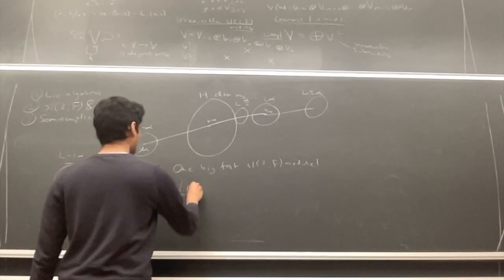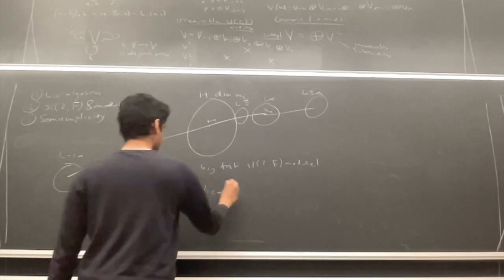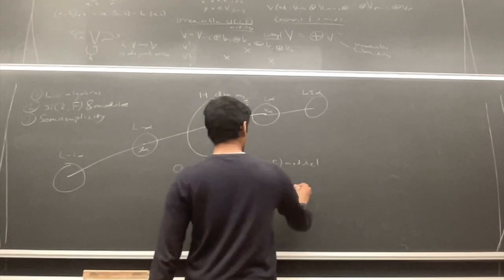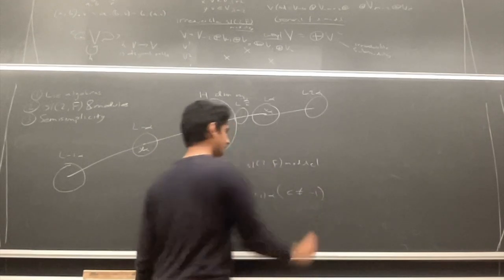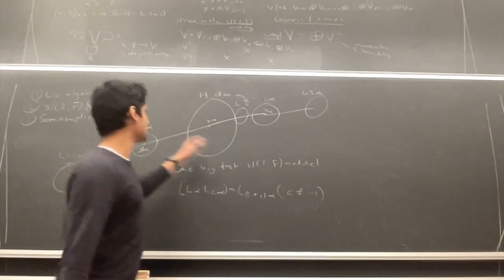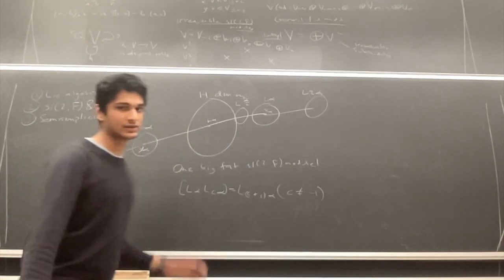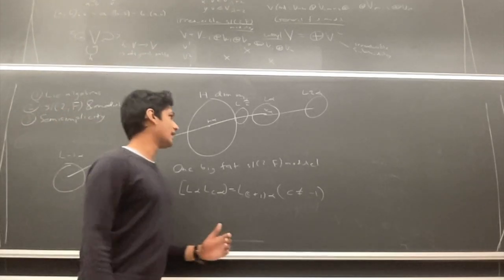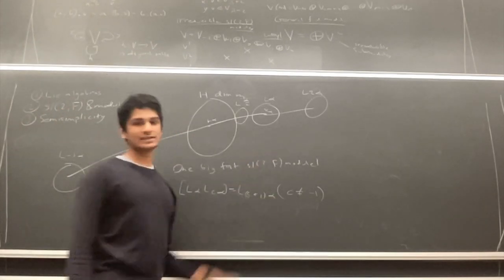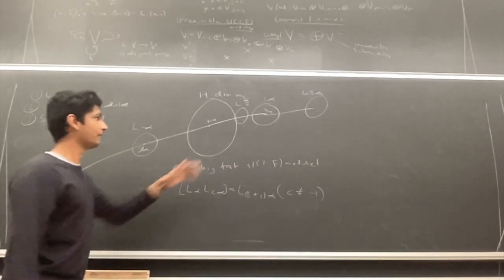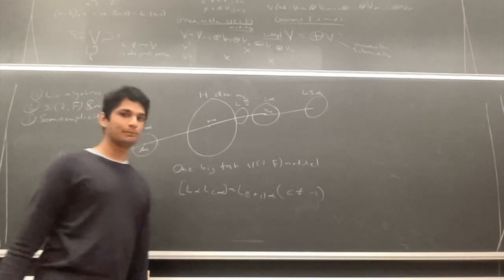It turns out that L alpha, L_c alpha, is going to be L_(c+1) alpha, where c is not minus 1. And this means that X alpha and Y alpha are going to transport us up root spaces and transport us down root spaces. And so these three elements, Y alpha, H alpha, and X alpha, kind of act by going between root spaces. And that's why the whole thing is going to be an sl2F module.